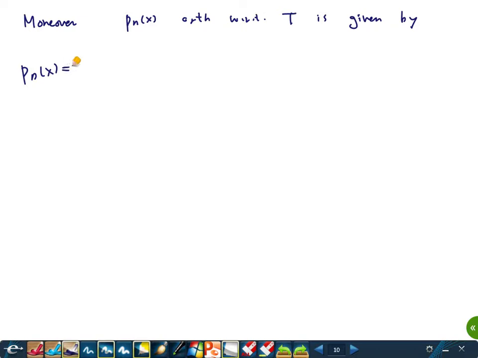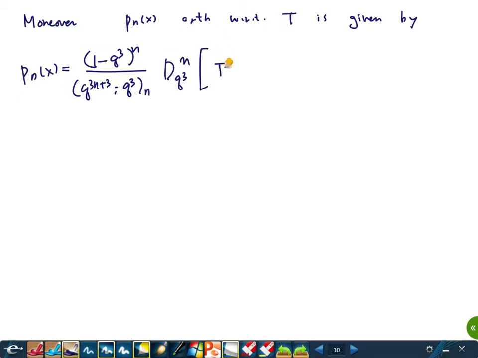P_n(x) equals 1 minus q cubed, some constant, sub n d_q cubed n, i from 1 to n minus 1.